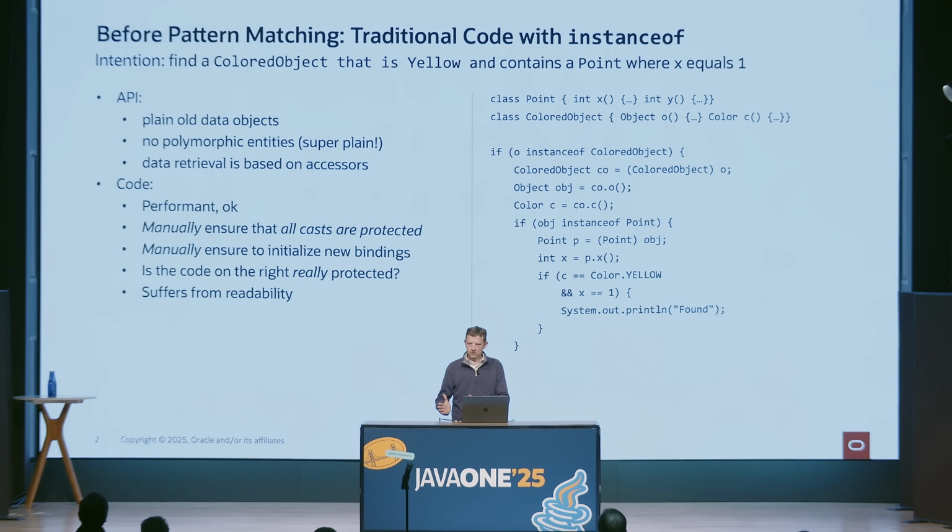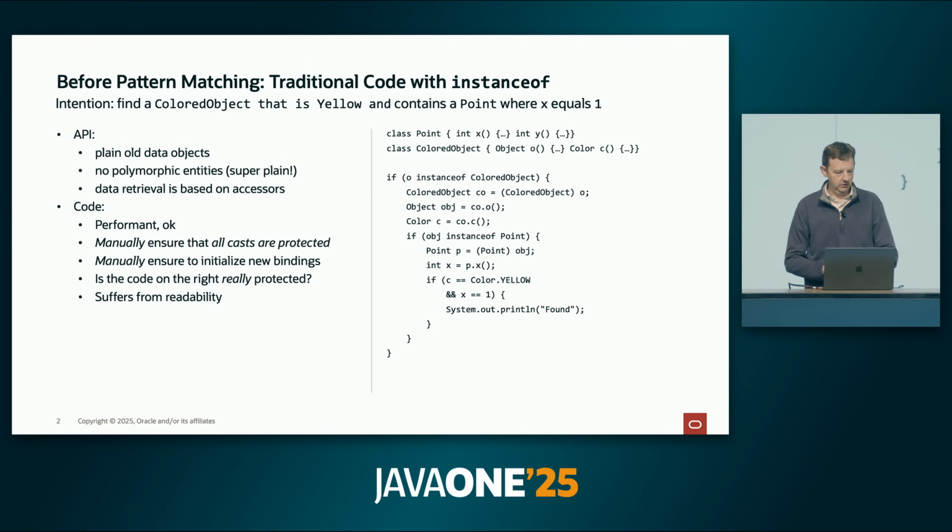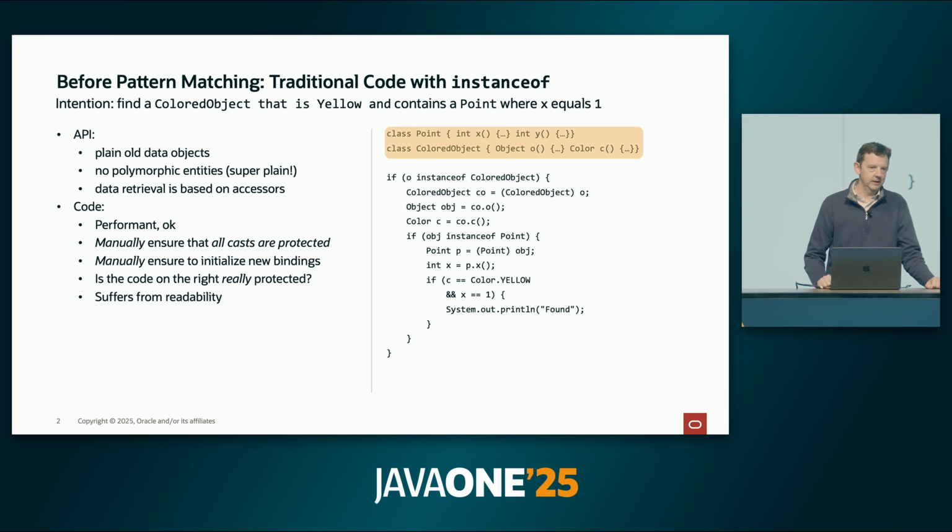So to start, let me take you back to Java 11, or even you could write this code in JavaOne. If you wanted to declare some classes that capture some data and then write a query that works on that data, it might look something like this. There are some class declarations that I've highlighted, really simple.